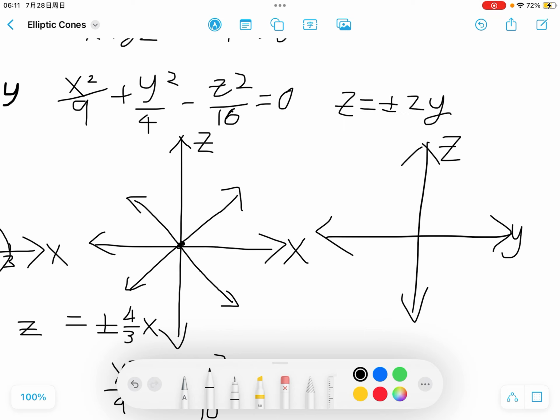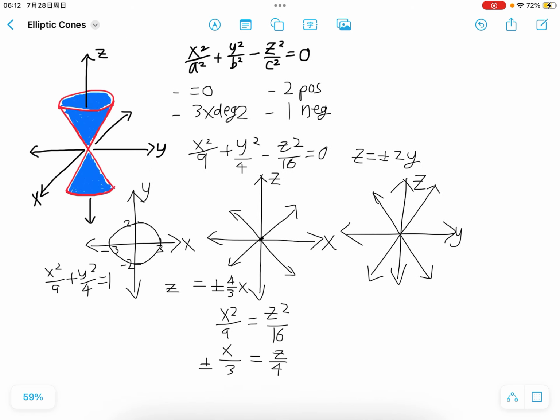So the two lines are approximately something like this. They intersect the origin. I'll add some arrows to indicate that they go on forever. So basically those are our three traces.